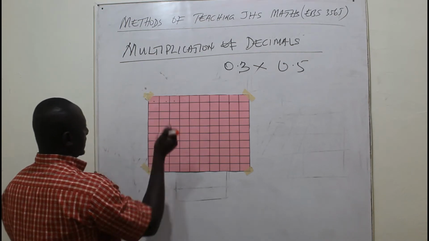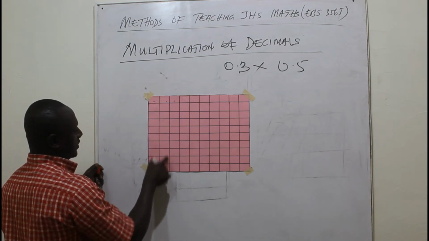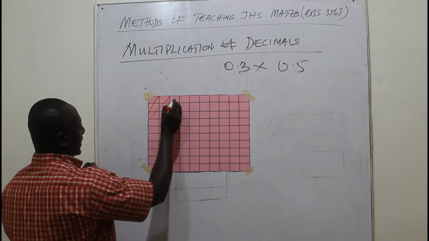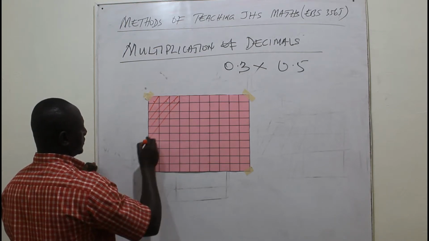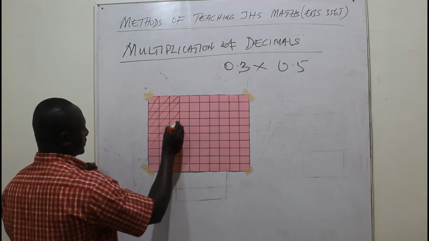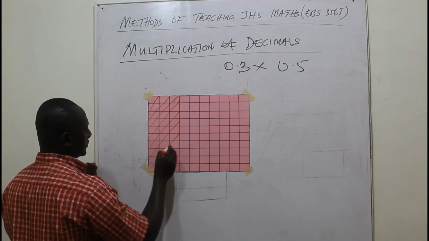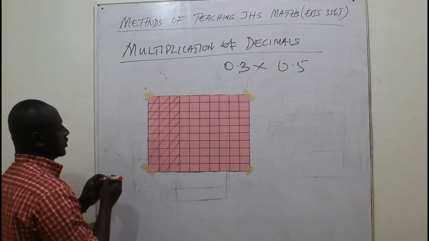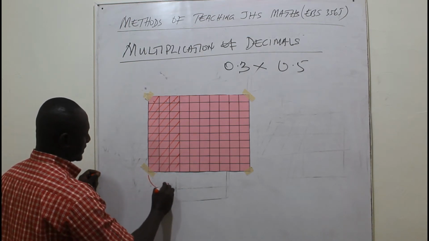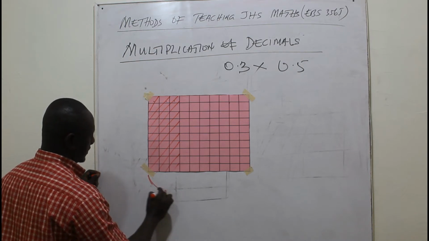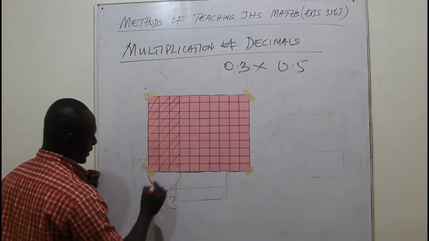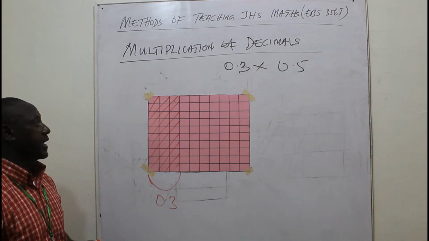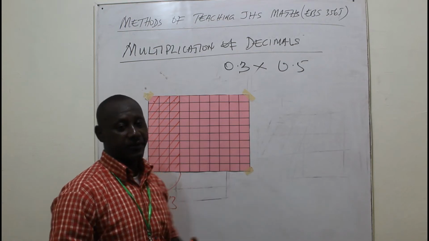So I'll shade like this to represent the 0.3. That's the 0.3.